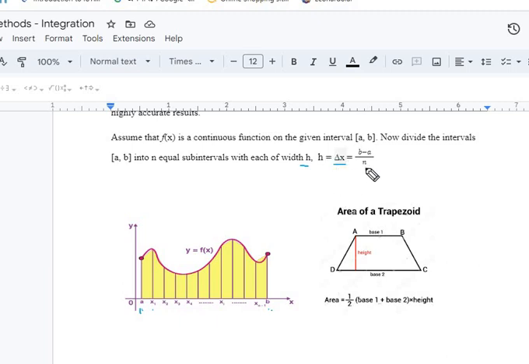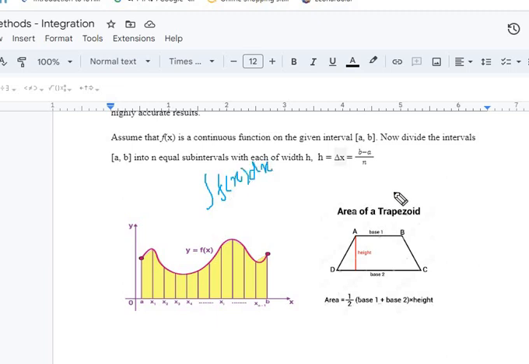In other words, h is b minus a divided by the number of divisions, the number of dx parts. Here the number of dx is n. So you need to consider a number of trapezoids and add all of them. This will give you the area under this curve, and this gives you the integration of the function f(x).